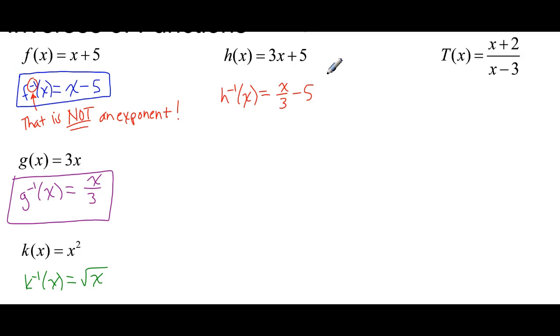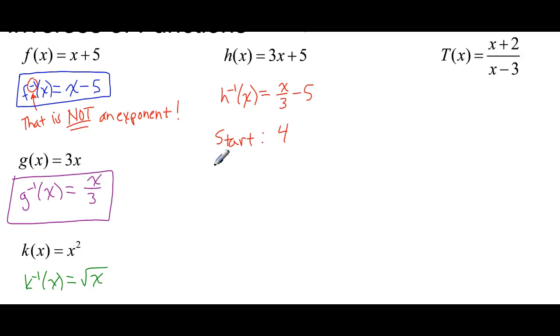The whole idea here is this function is supposed to return you to what you had before the first function did its thing. So let's start with a number. Let's pick some number to start with, like 4. And really, it could be anything. If you really want to understand this, you should try plugging in a variable like a. But I'm going to use a number just to make things easy.